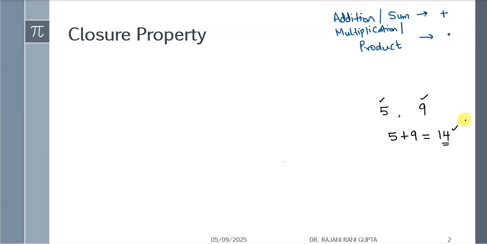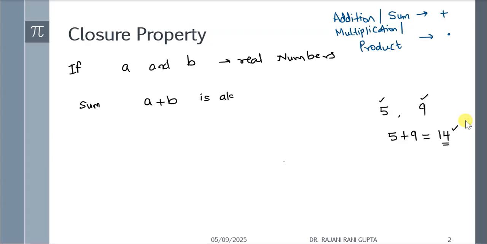So we say that if a and b are any two real numbers, then their sum, or addition, a plus b, is also a real number.